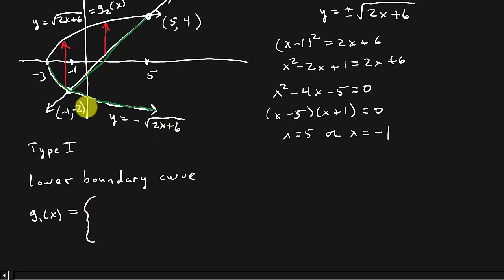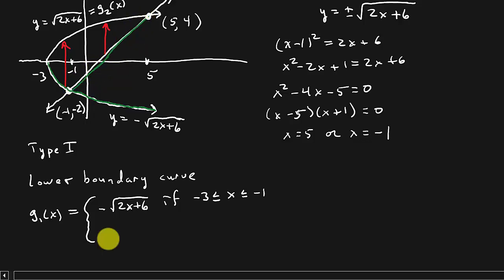It's equal to this one, the negative square root of 2x plus 6, if x is between -3 and -1. But it equals this one, see, this one's on bottom.